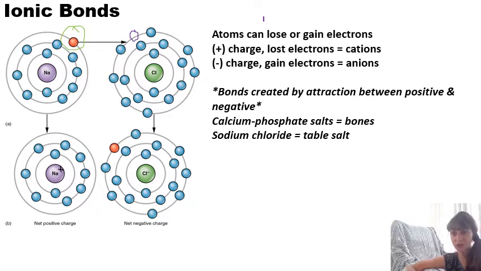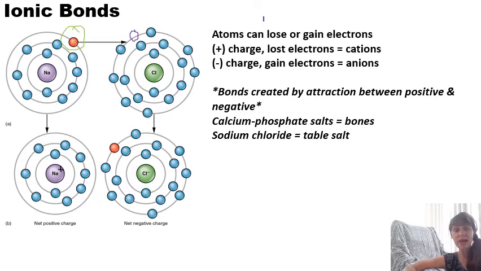These opposite charges attract sodium and chlorine together. And by the way, when chlorine gains that electron, it's now referred to as chloride. So now we have sodium chloride, which is table salt. This is an ionic bond. Ionic bonds occur when atoms gain or lose electrons.